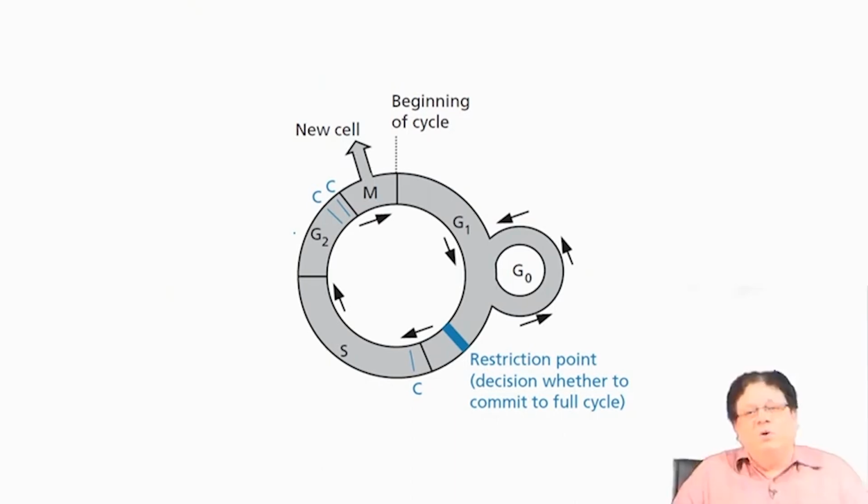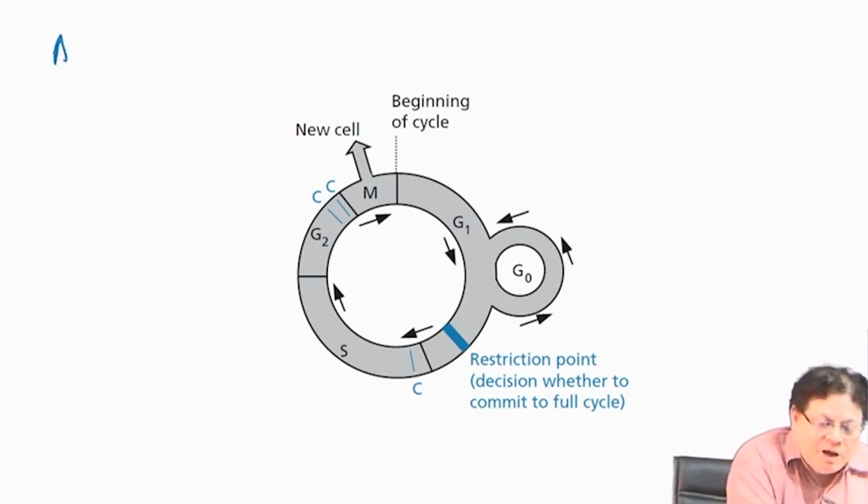When it is not required, either it goes into a resting phase, where it does not divide, or if the cell becomes bad for some reason, if the DNA is not proper, if it is broken, sometimes they are marked to be destroyed, and that is what is called programmed cell death, or also called apoptosis.